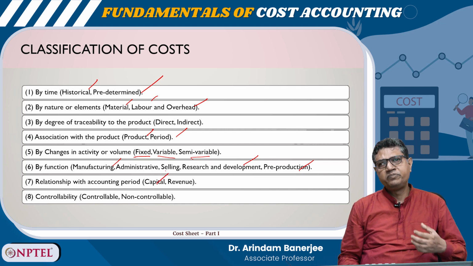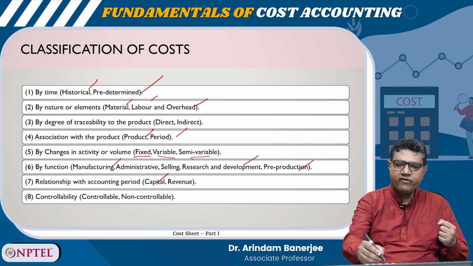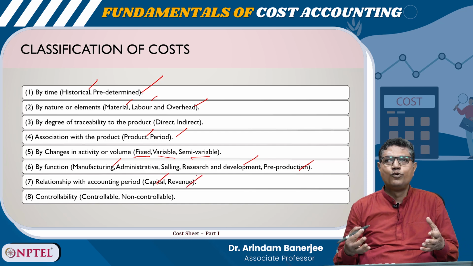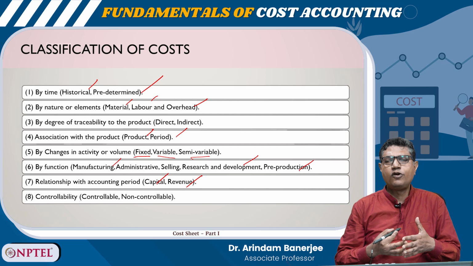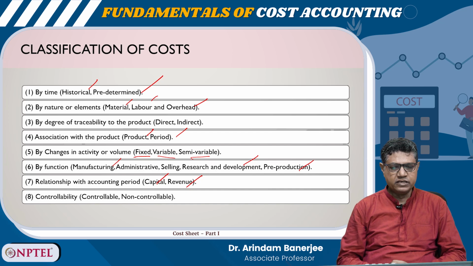But I'm paying a monthly salary to the worker. It may be of revenue nature because it is linked only to that month, not to multiple years or a range of years.